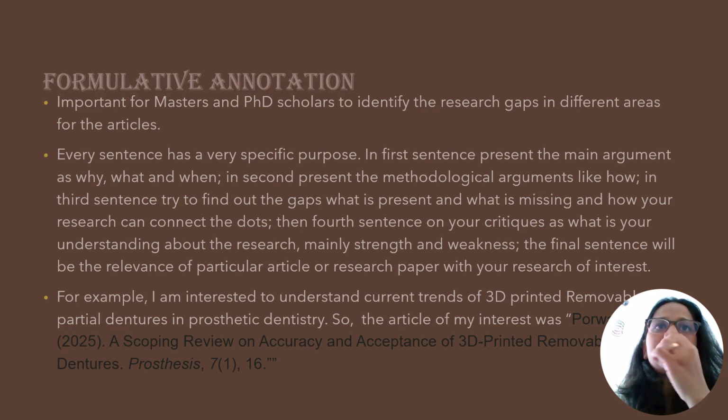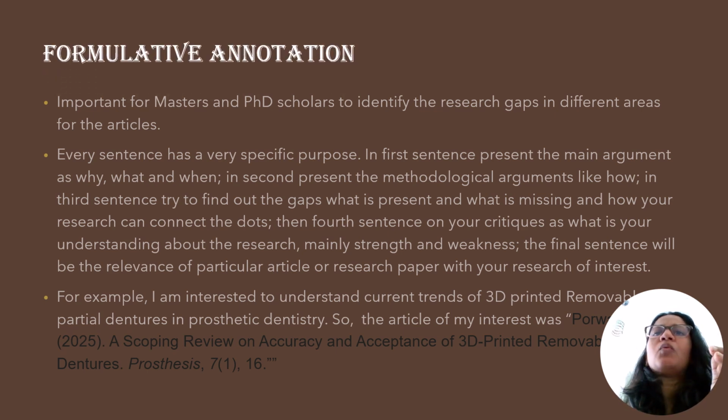Now the second is the formulative annotation. What is the formulative annotation? This type of annotation is important for PhD scholars and master's students to identify the research gap in different areas of the article.